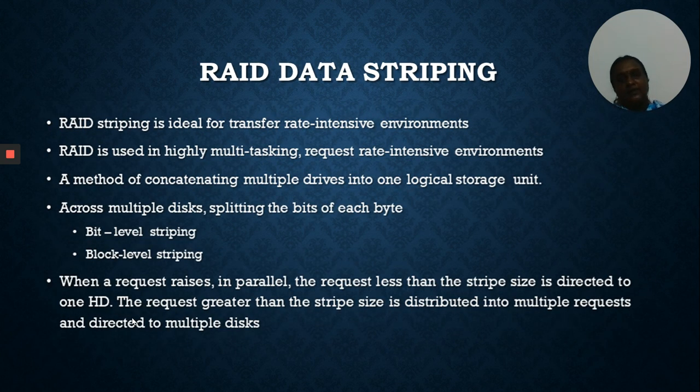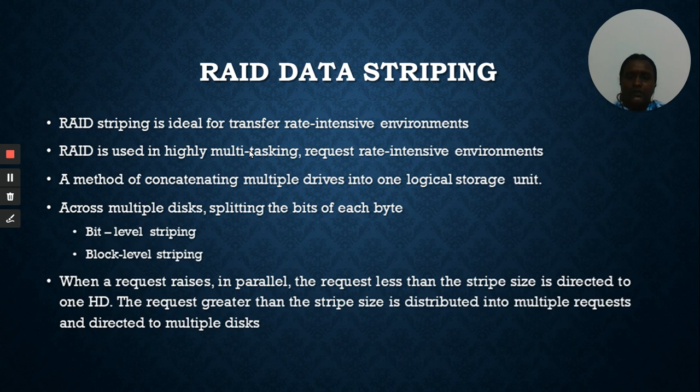So data striping is for intensive environments where the transfer rate is going to be very high. How is the transfer rate going to be in an intensive environment?